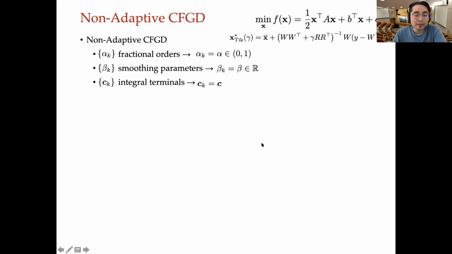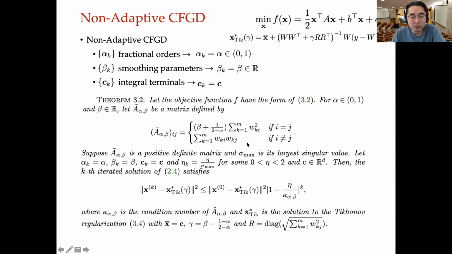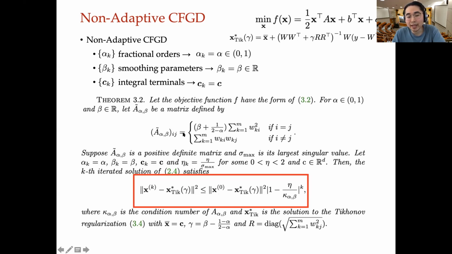All right, here is our theorem. This is quite hard to read at this moment, but let me focus on this. x_k is the k-th iteration of our algorithm, and this x Tikhonov star is the solution to the Tikhonov regularization. This decays to 0 exponentially fast with a rate depending on the condition number of this A tilde matrix, and A tilde depends on our smoothing parameter beta and the fractional order alpha.